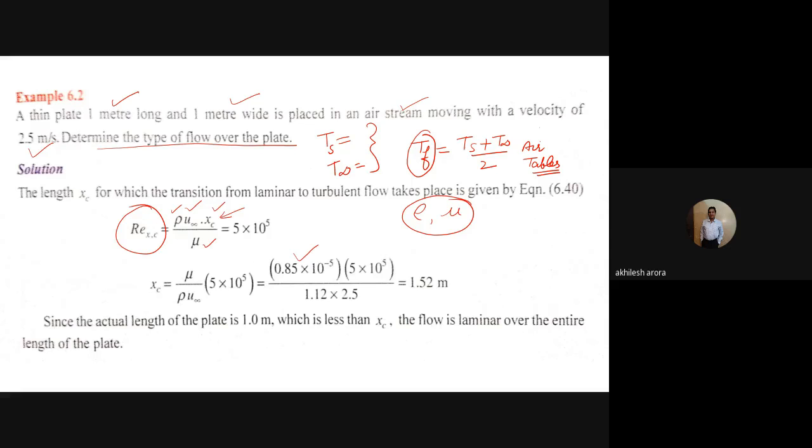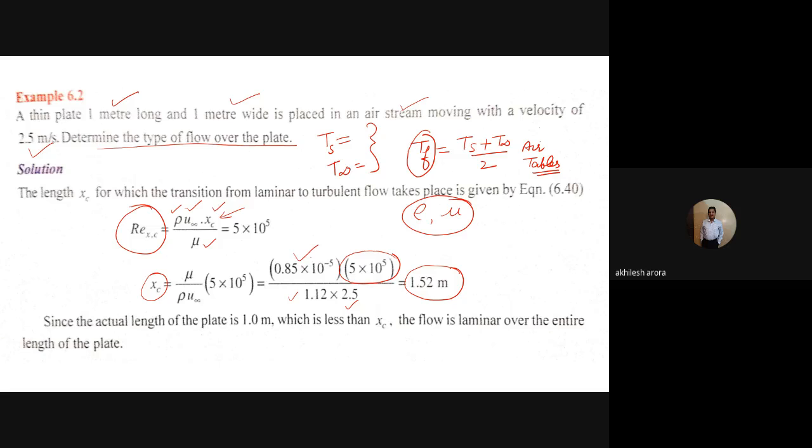This is the value of mu, this is the value of rho, this is the u infinity, and this is the critical value of the Reynolds number. So from here you can calculate the value of xc. So xc comes out to be 1.52 meter.